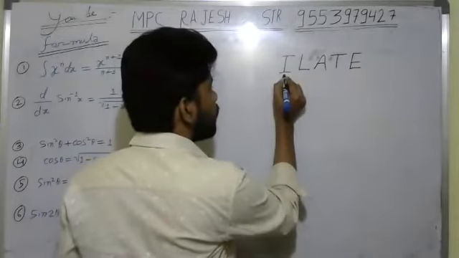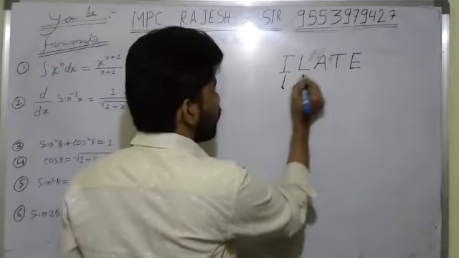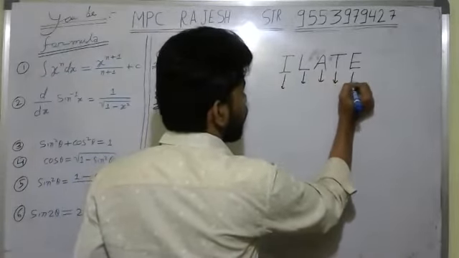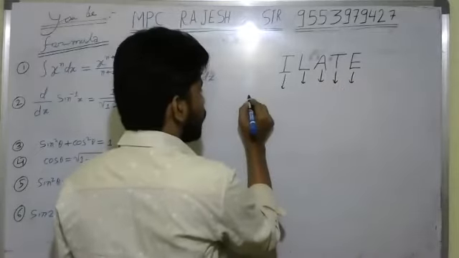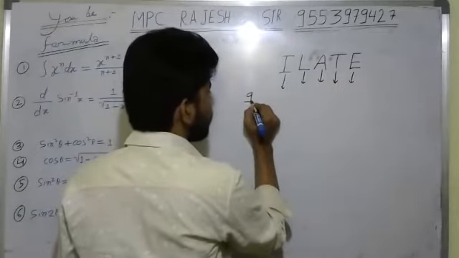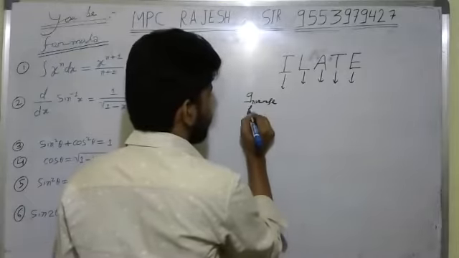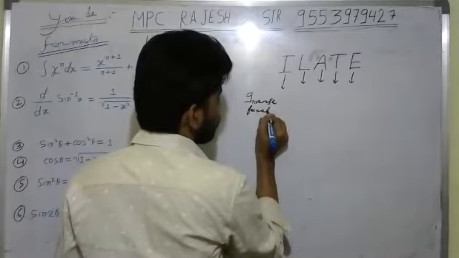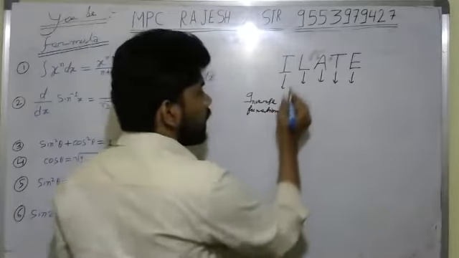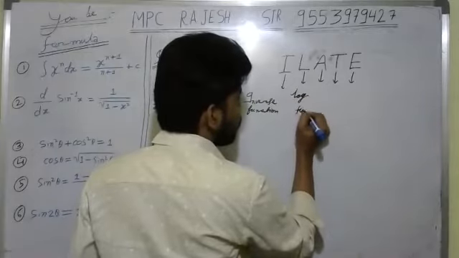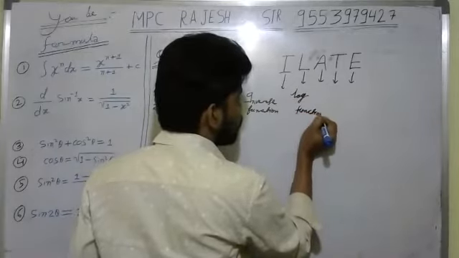So what is I for, L for, A for, T for, E for? I for inverse trigonometry, inverse function, like inverse trigonometry. L for log function.